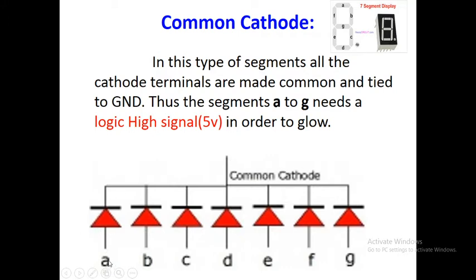When the controller provides 0, the terminal is 0 and the other end is also 0, both are equipotential, so current will not flow and the LED remains off. Means in common cathode configuration, 1 is to turn on the LED and 0 is to turn off the LED. In this fashion, the controller will send the signal to turn on the respective LED.